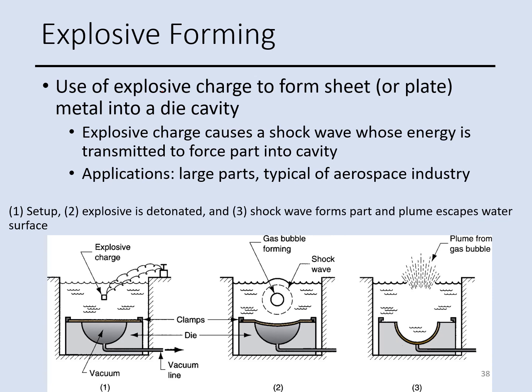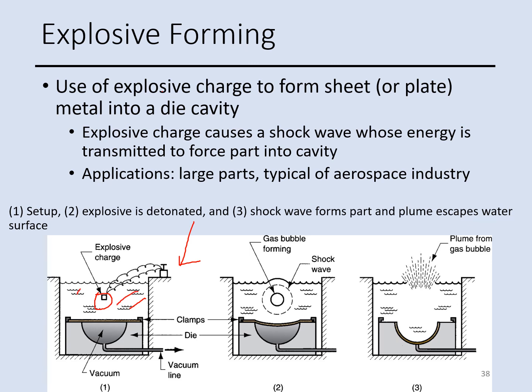In the explosive forming process, we use an explosive charge to form sheet or metal into the die cavity. As you see in this picture here, we have an explosive charge at this point, and we have a liquid right here.